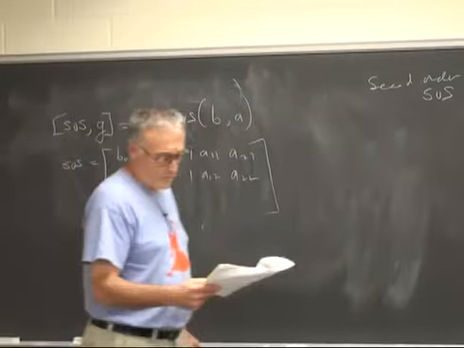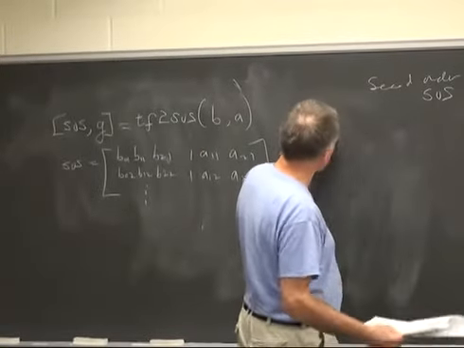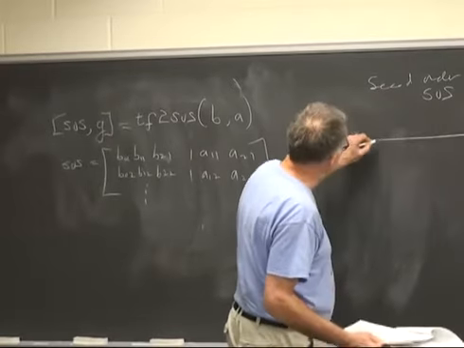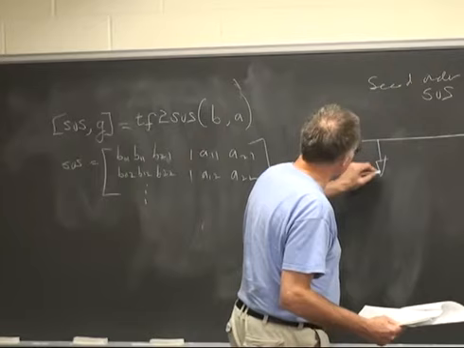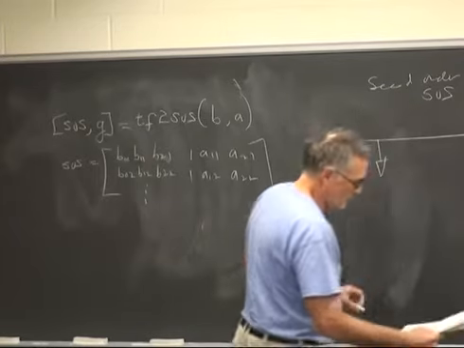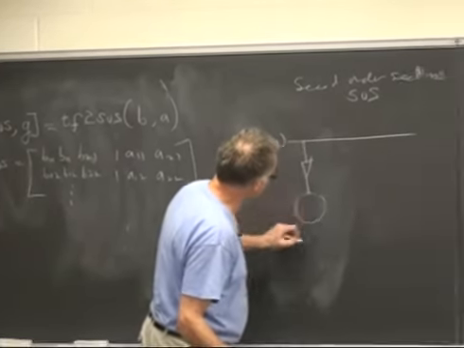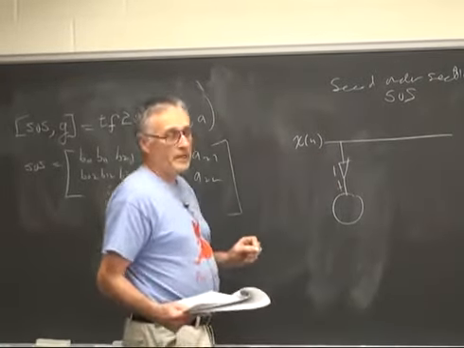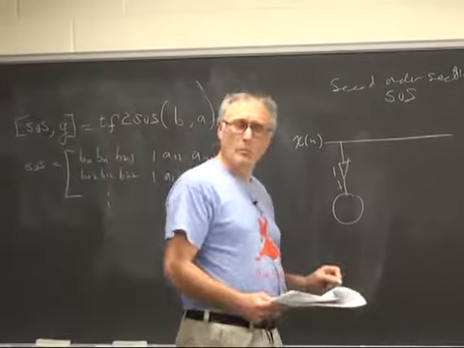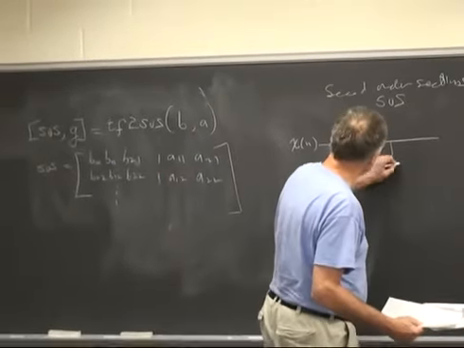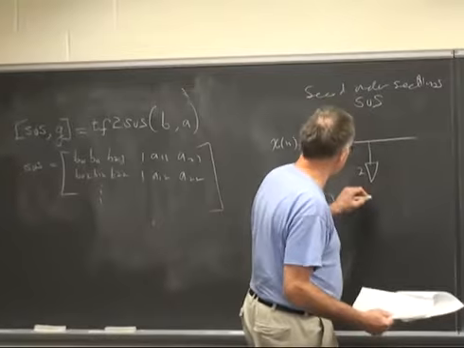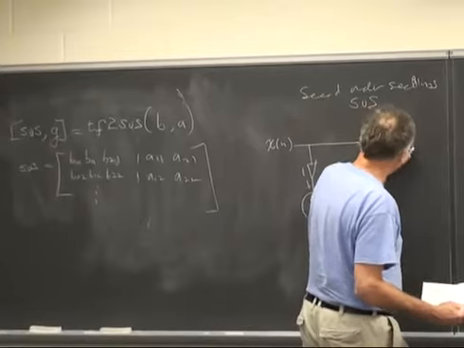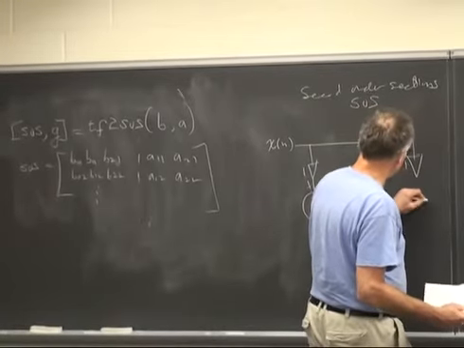And the new filter is of the form: the gain being 1, that's an easy multiply, 2, that's an easy multiply, 1 again.